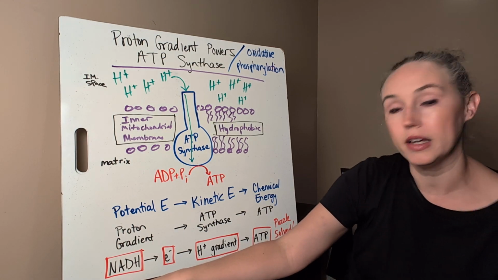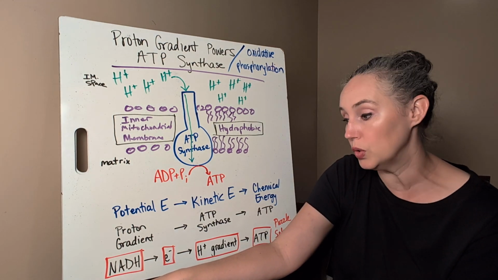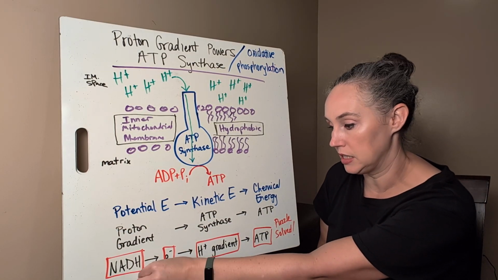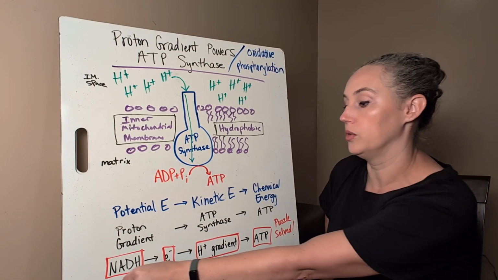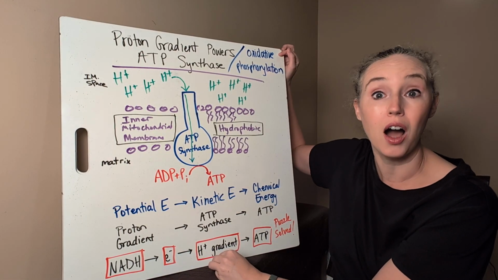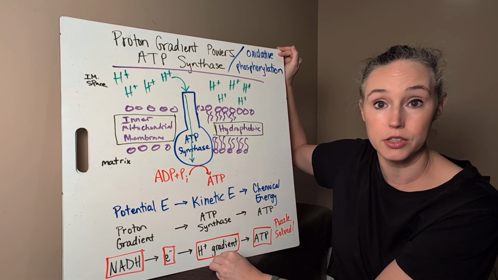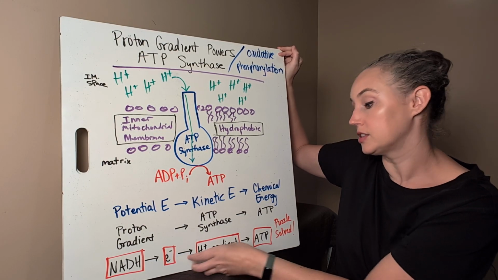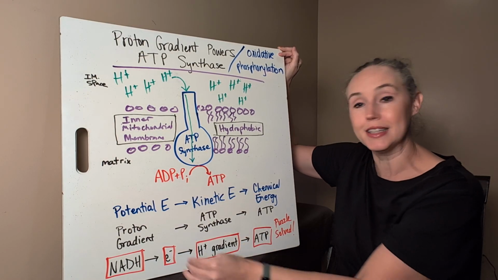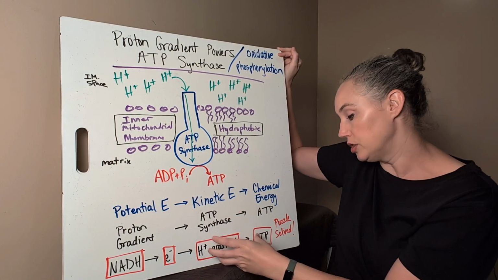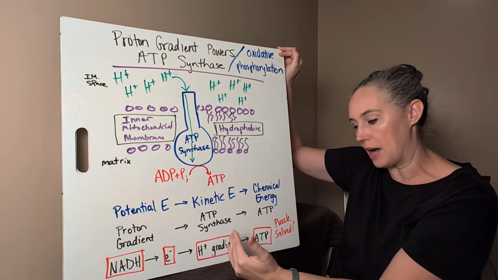And so if we look back at our puzzle from before, potential energy is created when NADH releases its electrons to form the proton gradient, the oxidative part, that whole oxidation is losing. And then it's the establishment of the proton gradient that is required to make ATP happen.